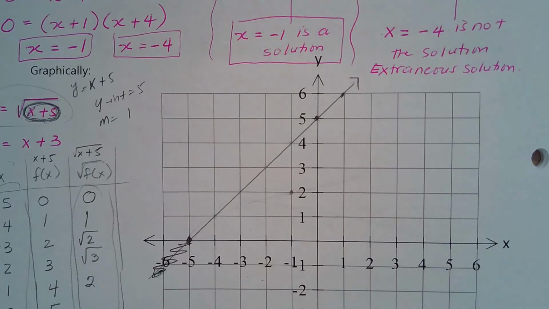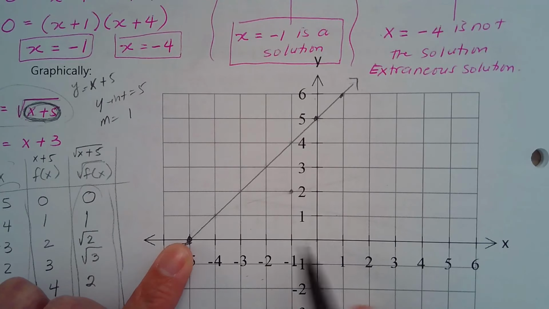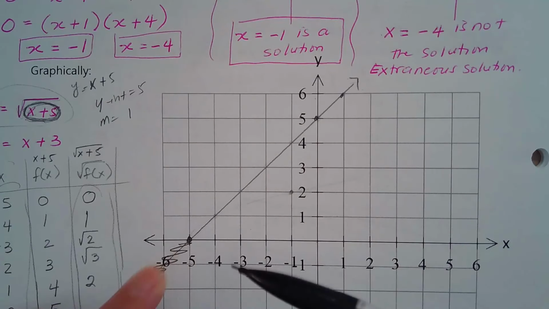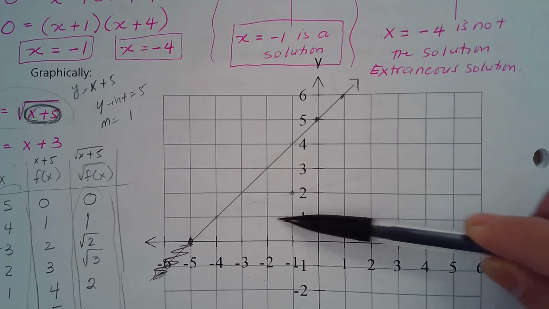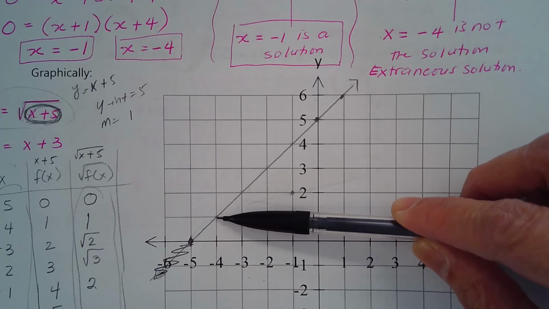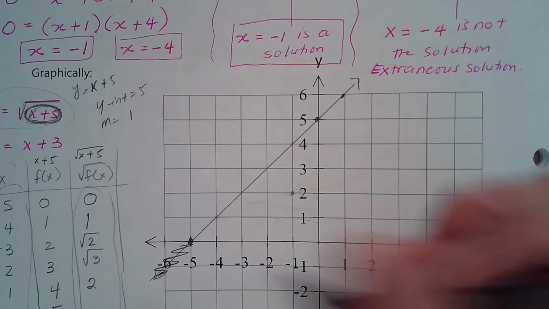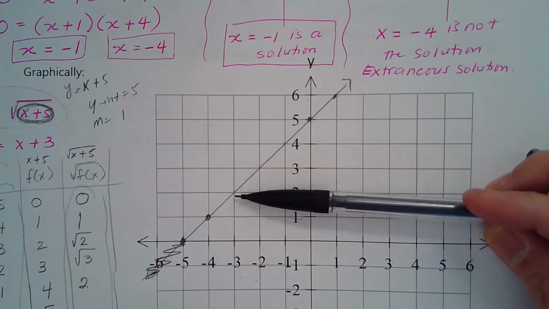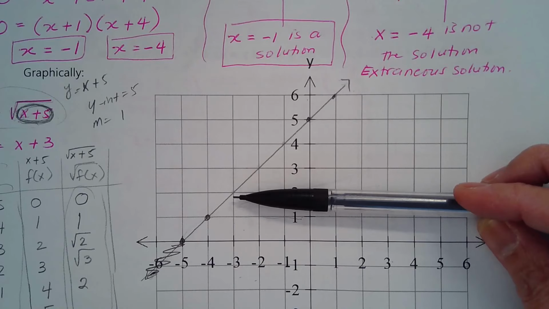So remember here, we're taking the square root of the y values. What's the square root of 0? 0, right? The y value here is 1. So what's the square root of 1? 1. Very good. And then here, square root of 2 would be 1.4.